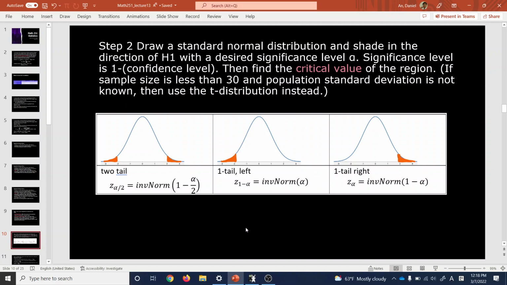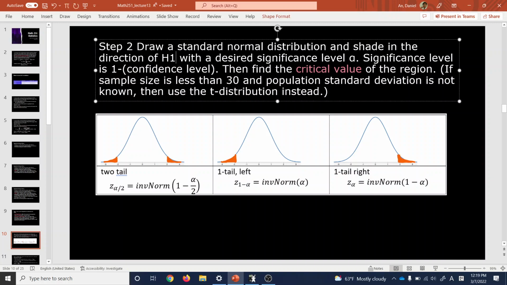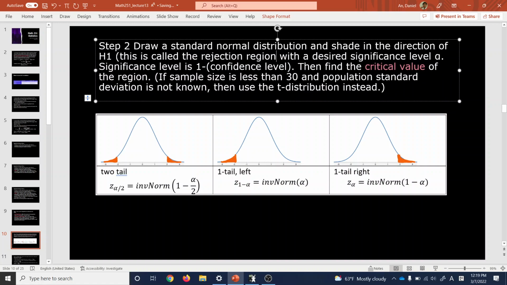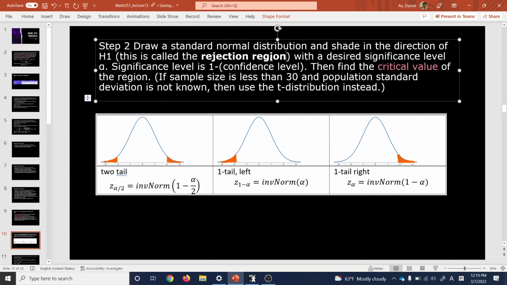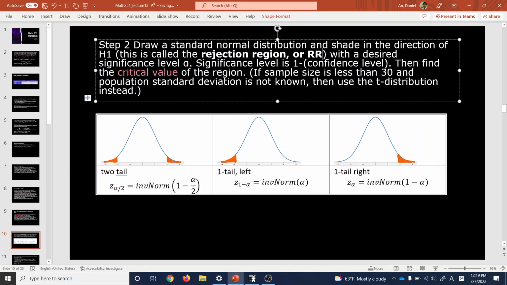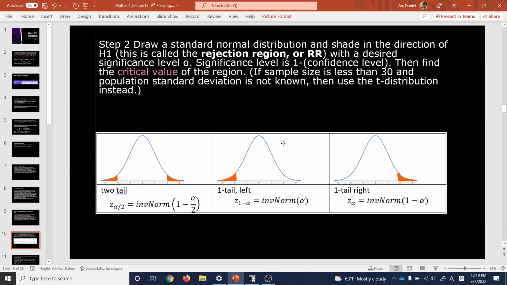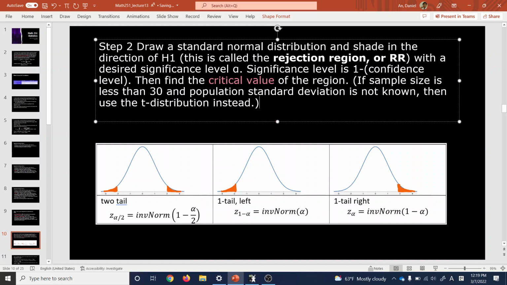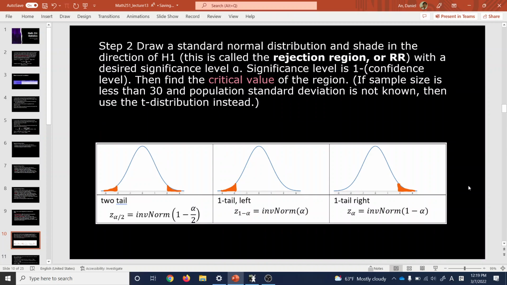This shaded region is called the rejection region, or sometimes just RR. So if you read some question and they just say RR, that just means rejection region, with a desired significance level alpha.